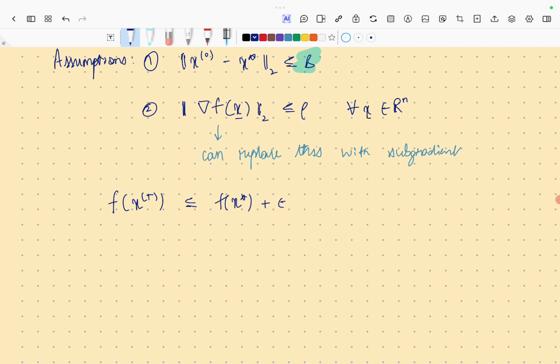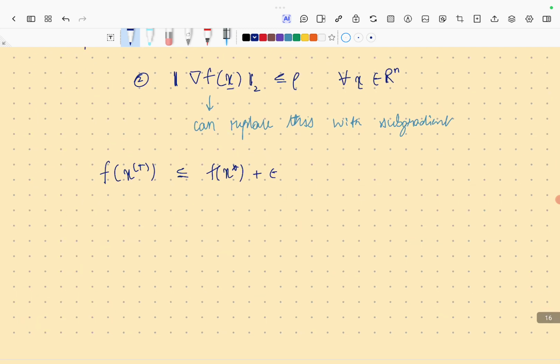All right. So we want f of x_t to be less than or equal to f of x star plus epsilon. We want to know how long do we have to wait? What is the typical value of t for a given epsilon, b, and rho? We'll see that under these assumptions, gradient descent can satisfy this as long as t is greater than or equal to b squared rho squared divided by epsilon squared.